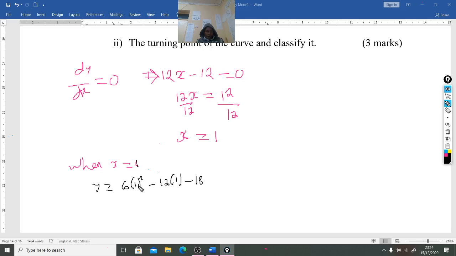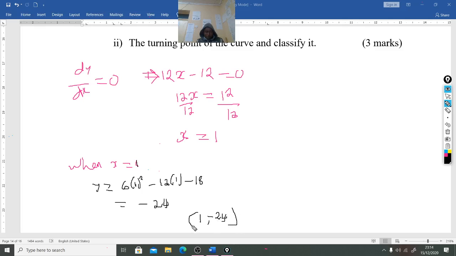So y becomes negative 24. So the turning point is (1, negative 24).